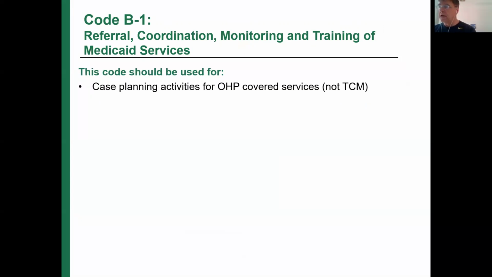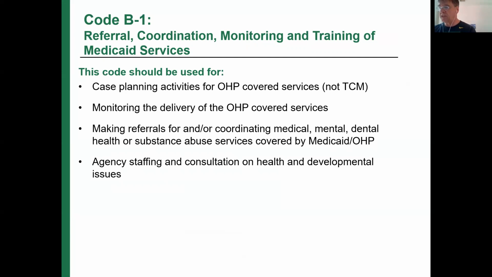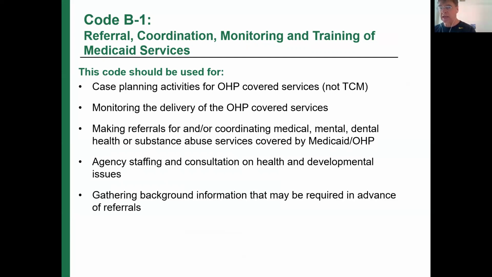They include case planning activities for OHP covered services, not including TCM, monitoring the delivery of OHP covered services, making referrals for and or coordinating medical, mental, dental health, or substance abuse services covered by Medicaid/OHP, agency staffing and consultation on health and developmental issues, and gathering background information that may be required in advance of referrals.